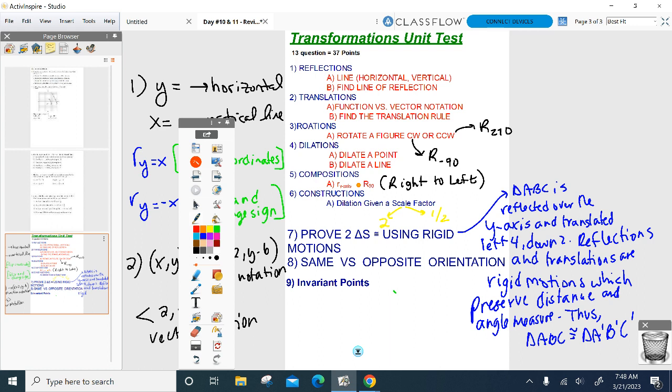Same versus opposite orientation. That's the order of your vertices. So same orientation, ready? Translations. Rotations.